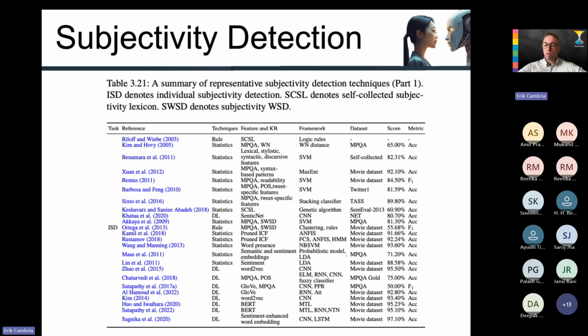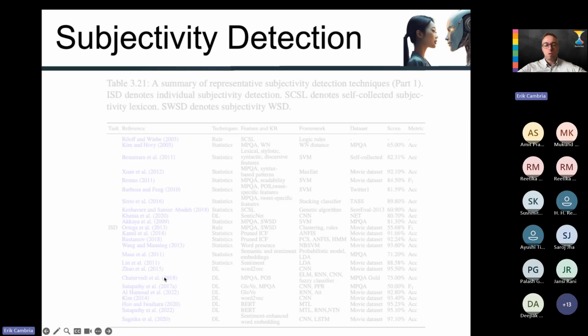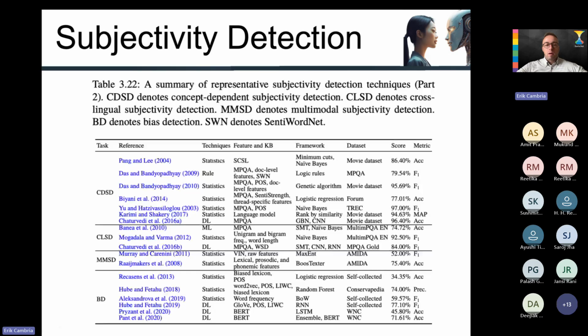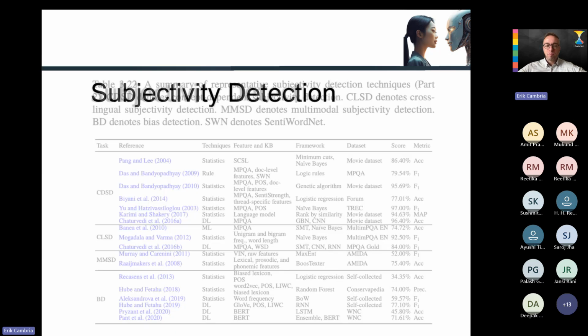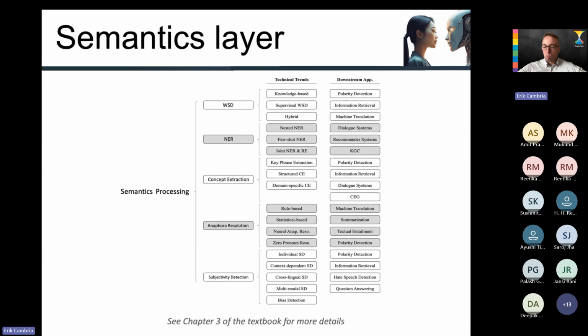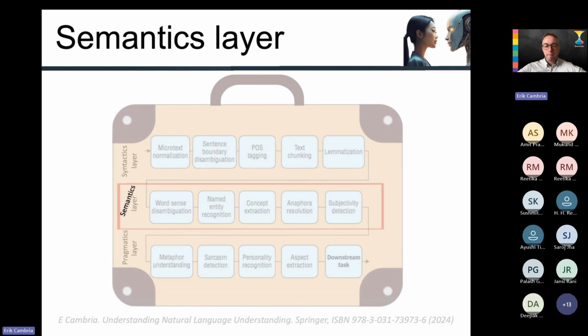And if you are interested in more details, you can find them either in the book or by following one of these links that are some of our works. One more table about this is some more general techniques depending on different tasks. Okay, that concludes the semantics layer.